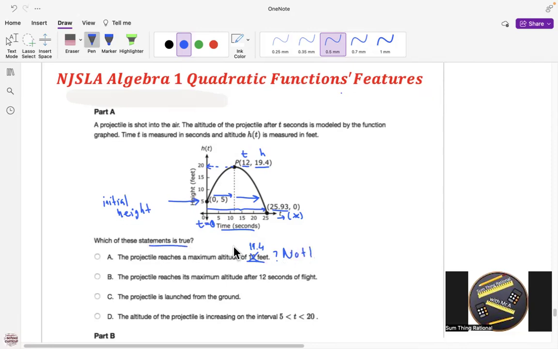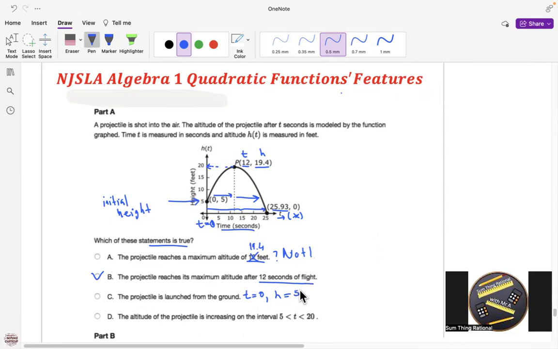So we need to find which statement is true. The projectile reaches maximum height after 12 seconds of flight. Yes, this is the correct one. But let's see why C and D are not correct. The projectile launched from the ground. It is not launched from the ground, because when t is 0 it already has a height of 5 feet.